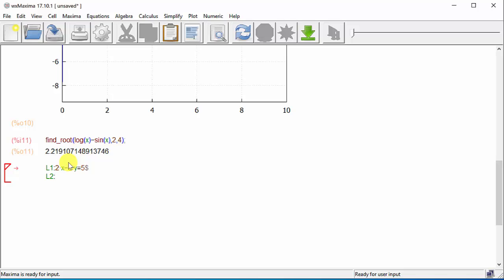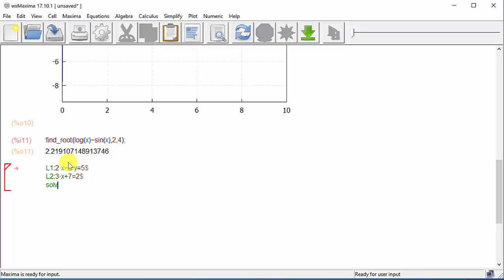I'm putting a colon to define it, and that's going to be 3 times x plus y equals 2, dollar sign, and enter.